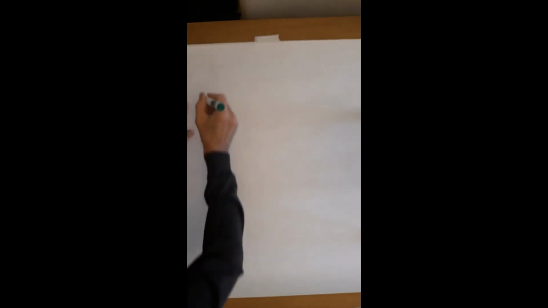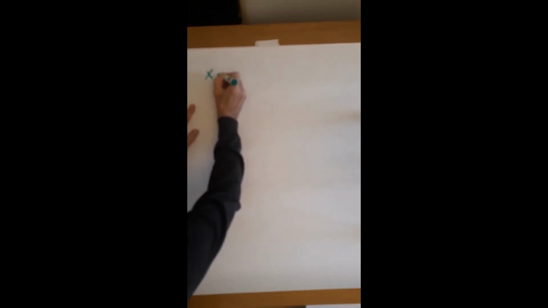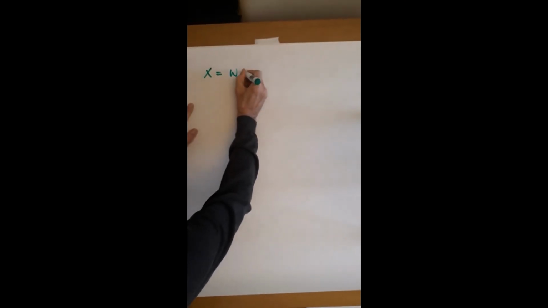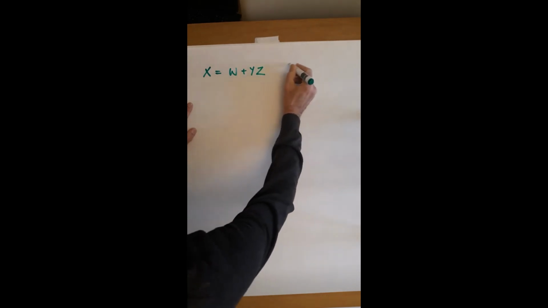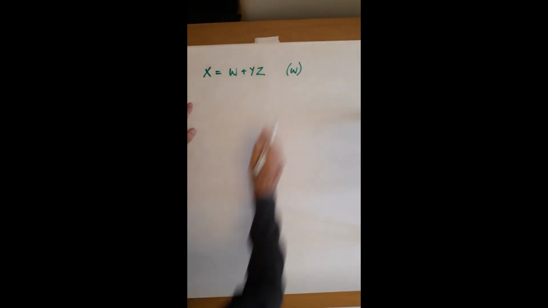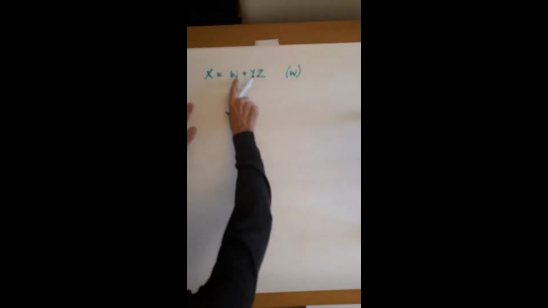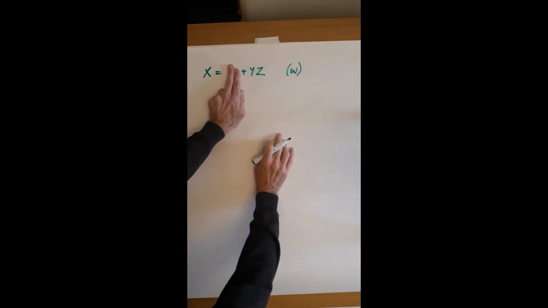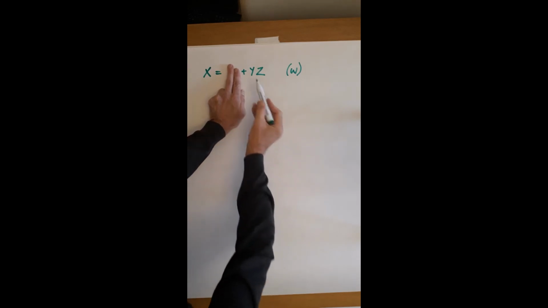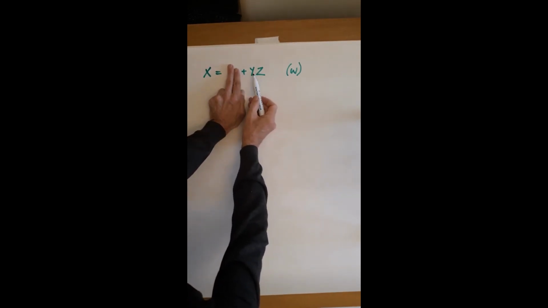So let's take another formula. X equals w plus yz. And I would like to make w the new subject. So it's on the top line. So if I hold that, but this time there's no multiplication or division, it's just addition and subtraction.